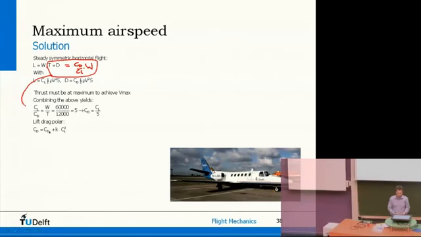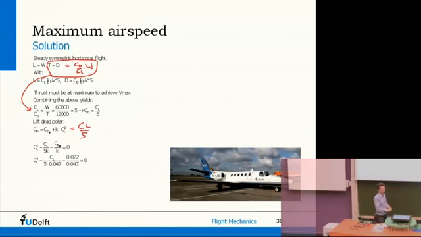So CD is CL divided by 5. And I have a lift drag polar, so that means CD is CL divided by 5. If I rewrite it, I take CL over 5 to the left hand side, then I get this equation with CL squared in there being equal to 0.